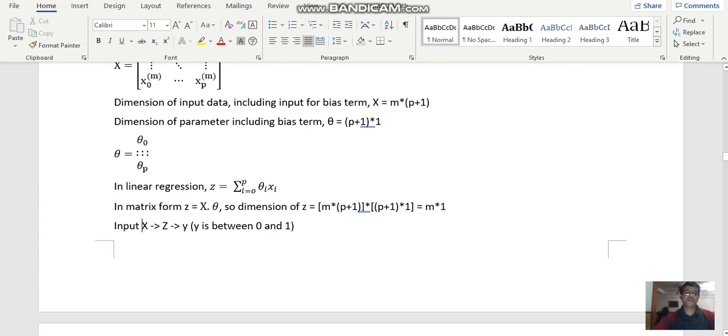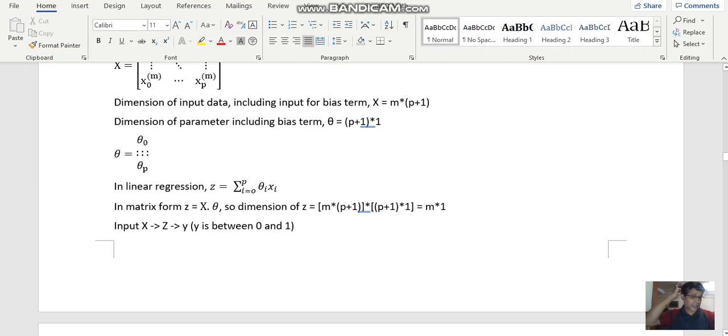So we have input X, we calculated predicted Z, and this is compared with Y. Y is the actual output value of the dependent variable. The difference between linear regression and logistic regression is that in linear regression, y can vary from minus infinity to plus infinity, but in logistic regression, it varies between 0 and 1.